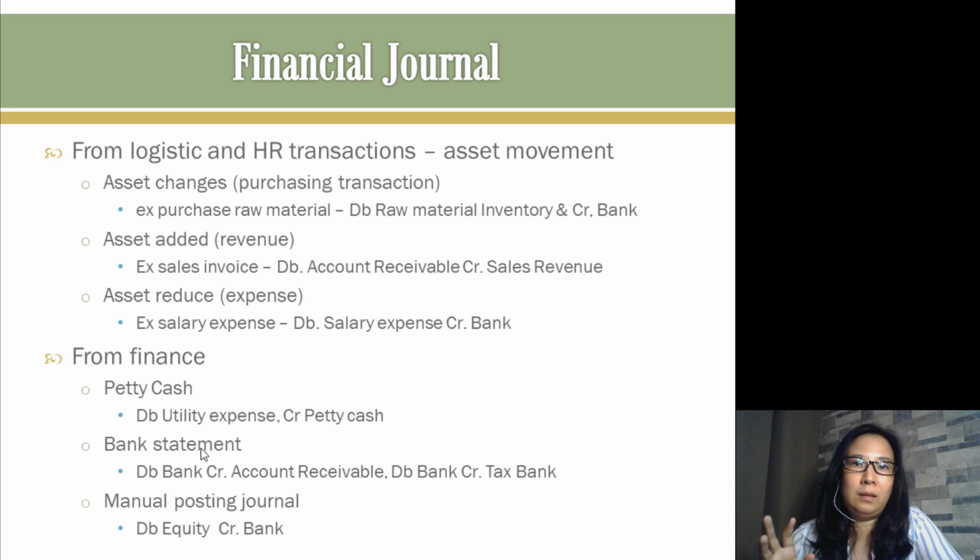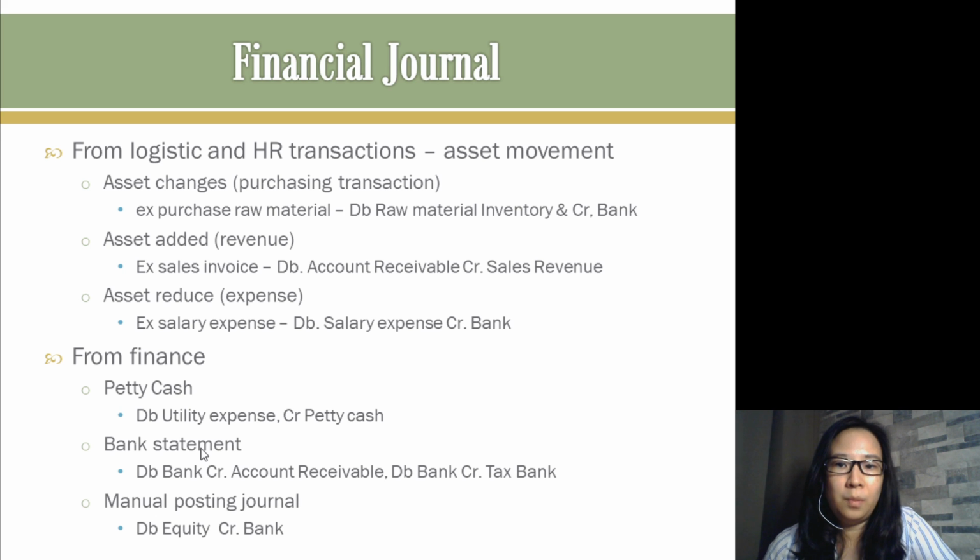Because that transaction does not often happen, we don't set up any transaction from the HR or the logistic transaction. Instead we use a manual posting journal, whereby when we withdraw money, it means our money in the bank is reducing, and it's reducing because we take it as an equity owner disposal. So that is the financial journal posting that might happen in the system.